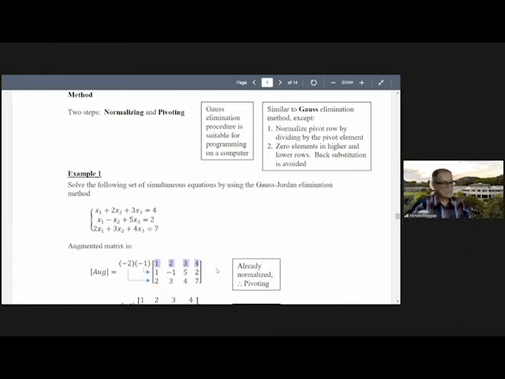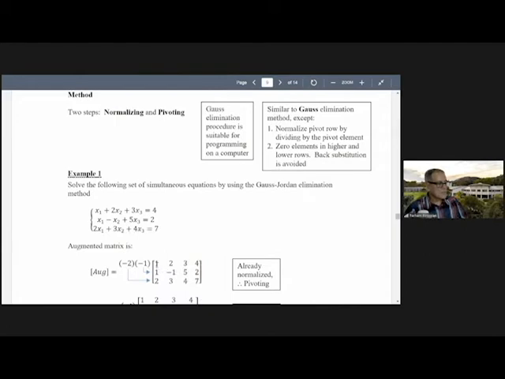It doesn't change the result of this system of equations. The second property is that you can multiply or divide a row by any number and add it to or subtract it from another row, and it doesn't change anything again. These 2 properties we are going to use to solve this system by the Gauss-Jordan elimination method.